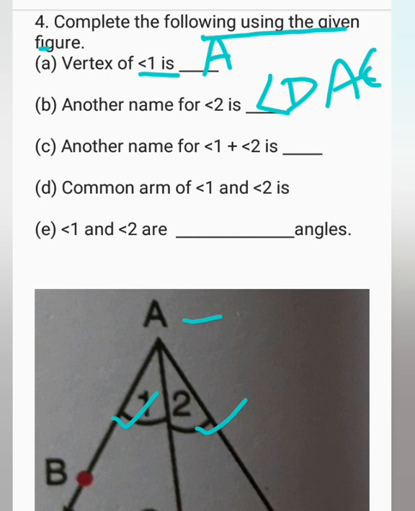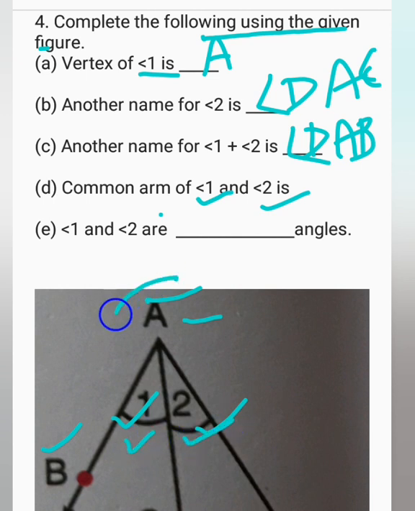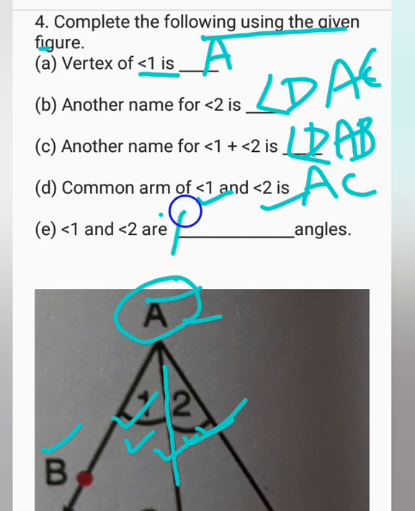Another name for angle 1 plus angle 2 is DAB. Common arm of angle 1 and angle 2 is AC. Angle 1 and angle 2 are adjacent angles.